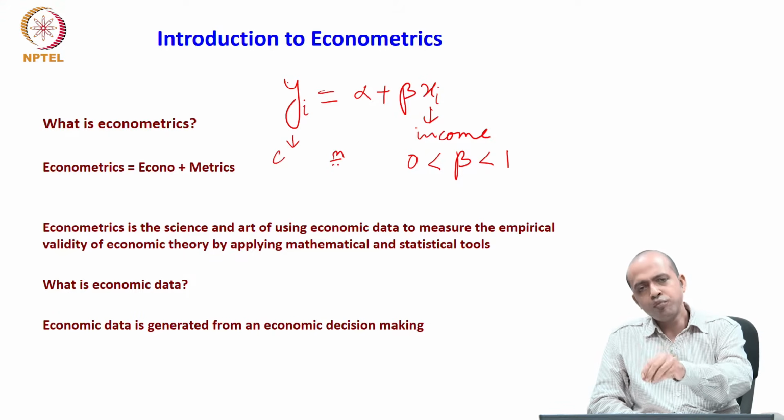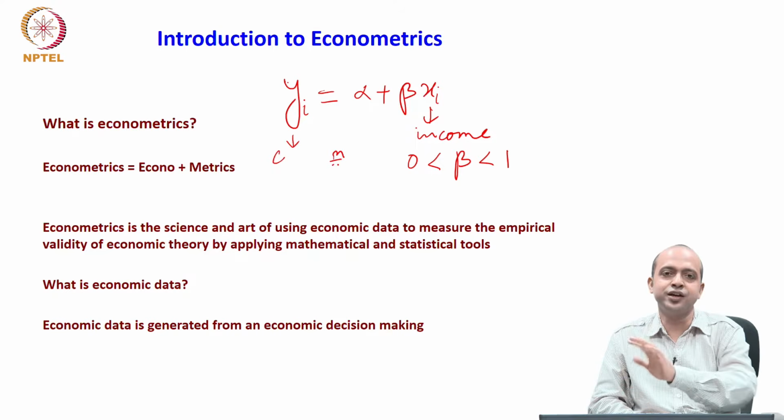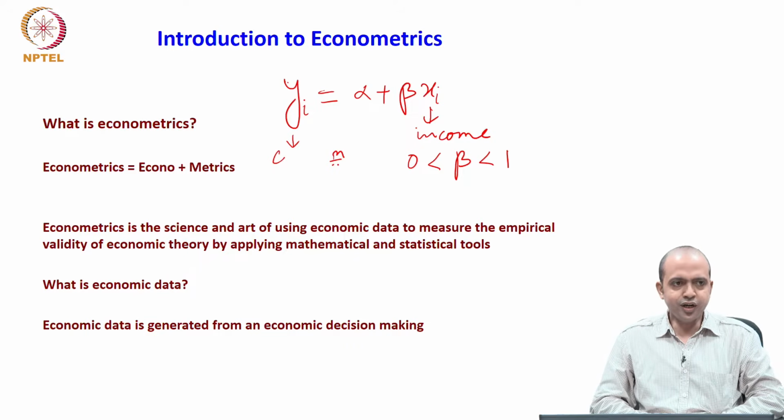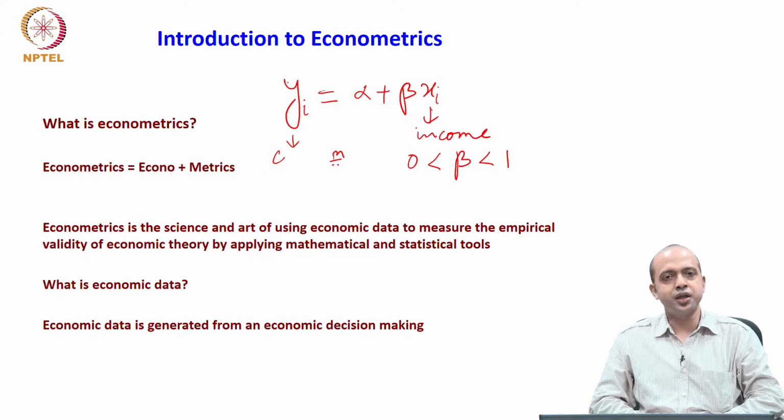So, the job of a mathematical economist is done here only. A mathematical economist will never go to check the empirical validity of this economic theory, right. So, this is called mathematical economics, representing economic theory using mathematical models and equations.